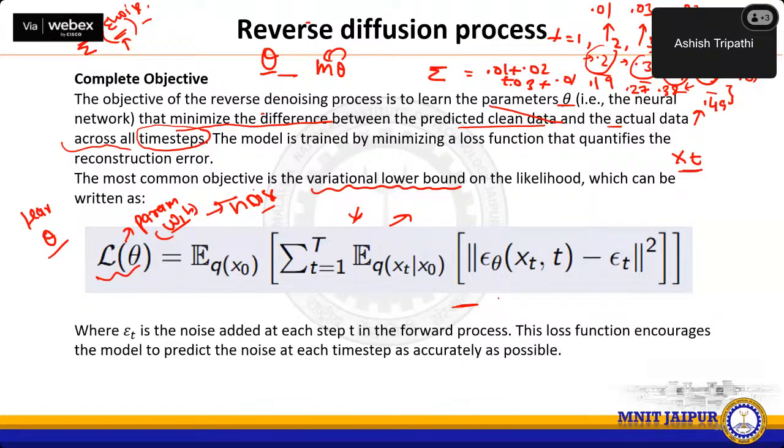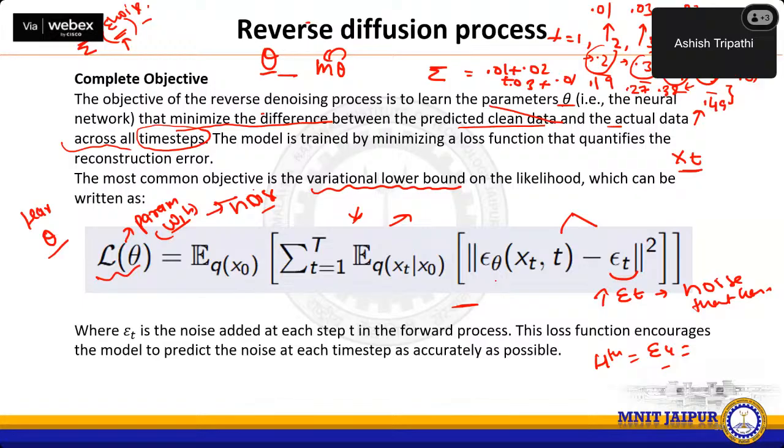Got it? So what is this? This is the difference between actual and predicted. What is this E of t? E of t is the actual noise that has been added at each step in the forward process. For example, if I am talking about the fourth iteration, E of 4 is the quantity of noise that I have added in the fourth iteration.